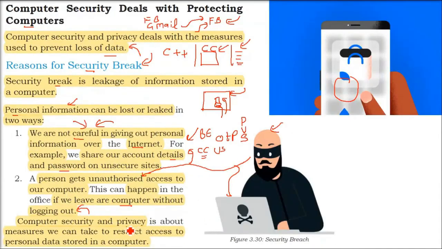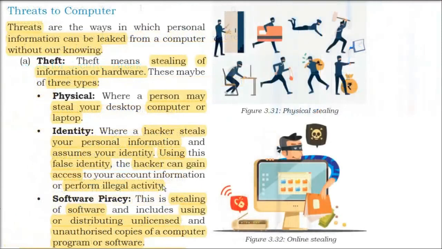So computer security, information security, and privacy are about the measures we can think of to restrict access to personal data which is stored in your computer, which is very important to you, very dear to you, and which is defining your life: money, information, family, everything.